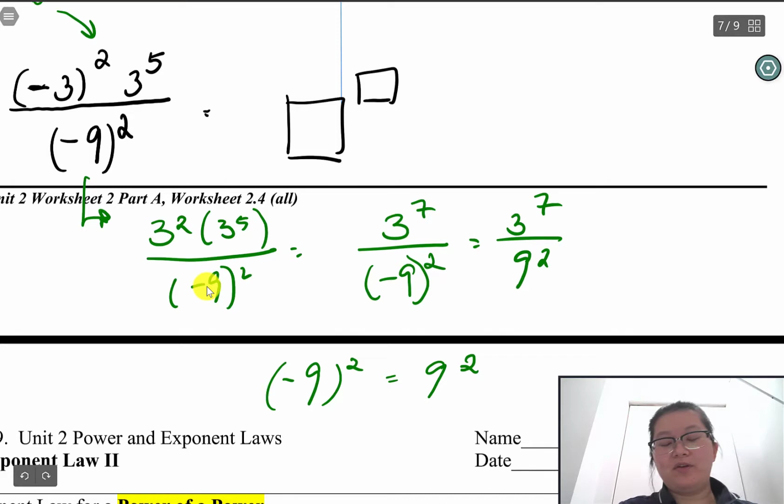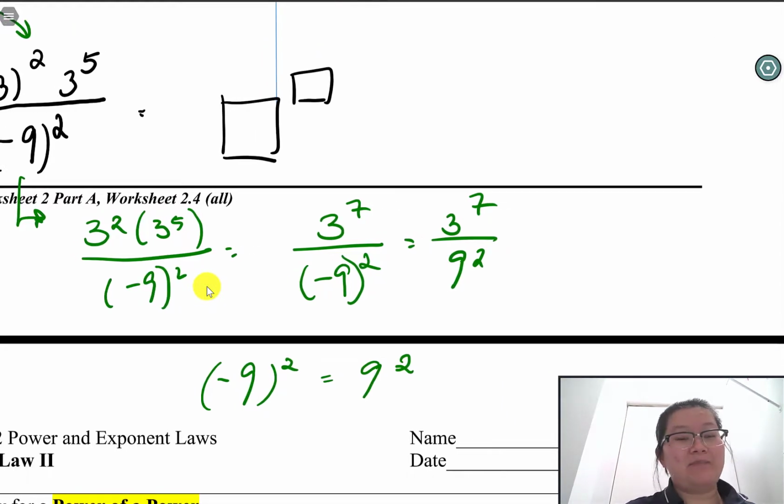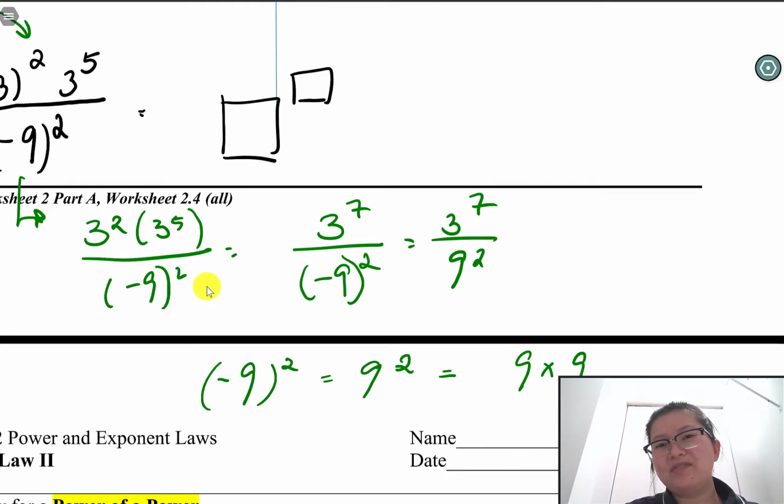Now you might be wondering, well, I can't do anything with exponents when the bases are different. But what happens if we could make the bases the same? Well, think about this. I have 9 to the power of 2, that just means 9 times 9. But wait a minute. What's the square root of 9? It is 3.